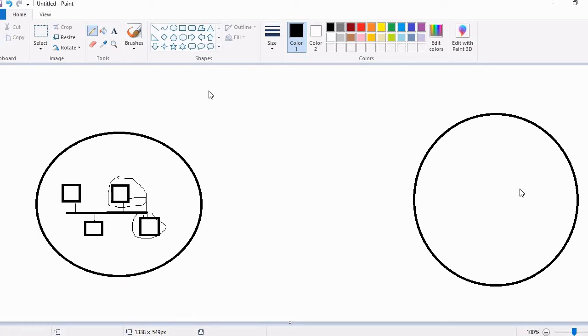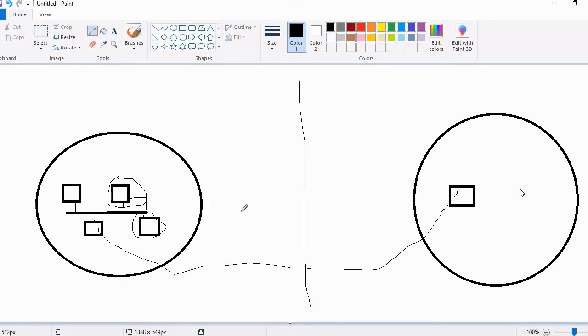Say this is the Hyderabad location and this is the Mumbai location. Now this PC wants to communicate with that network. This is a totally different network. This is one network, this is a second network, and this is the public internet. Now see here, with your private IP address you can't communicate from there to there. You need a public IP address.